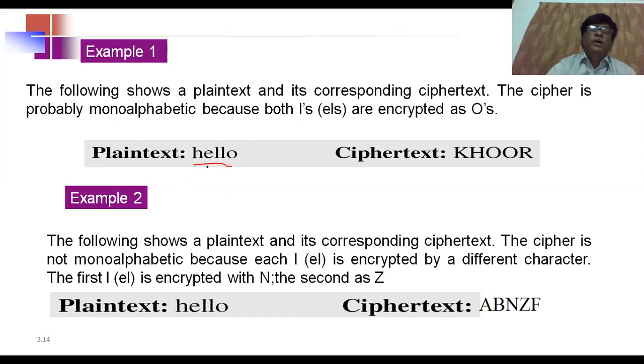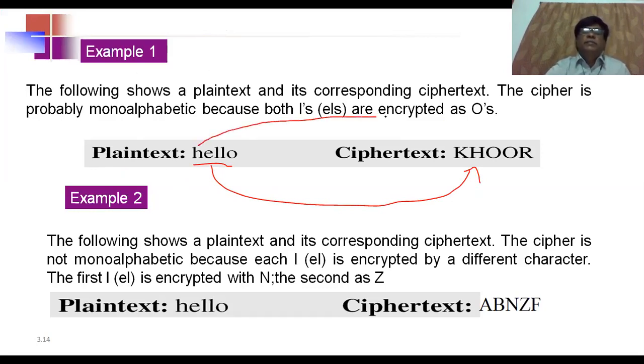Now this is the cipher text: KHOOR. Here, H is replaced with K, E is replaced with H, and L is replaced with O. Again L is there, and it is replaced with O. Then O in hello is replaced with R. So the cipher text is KHOOR.